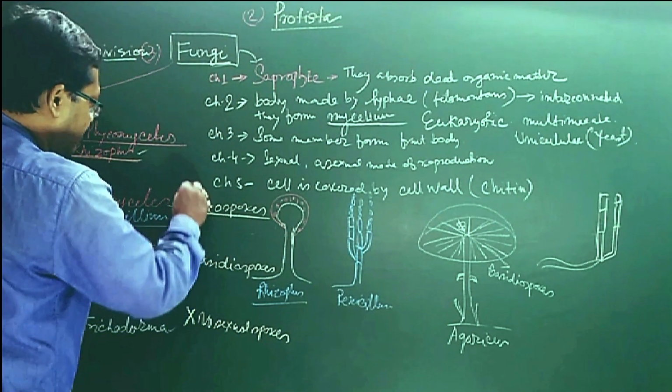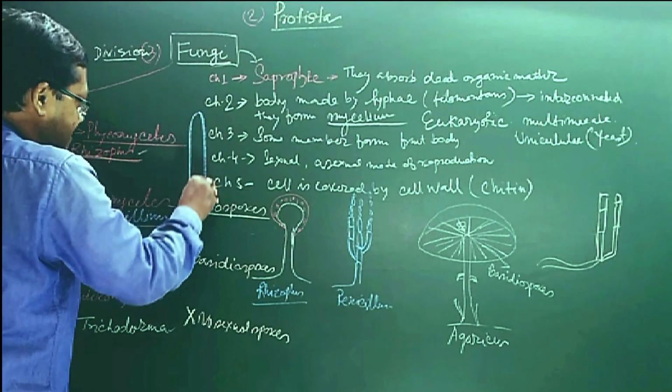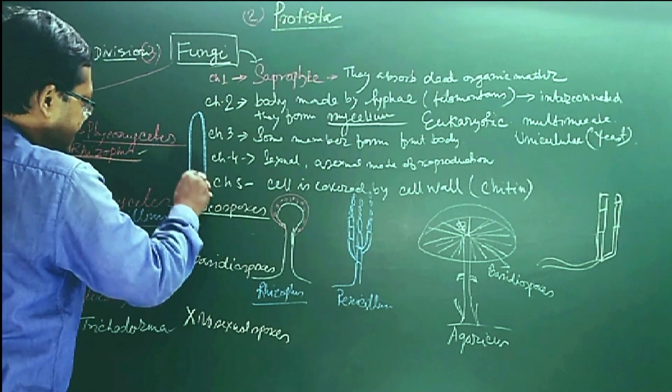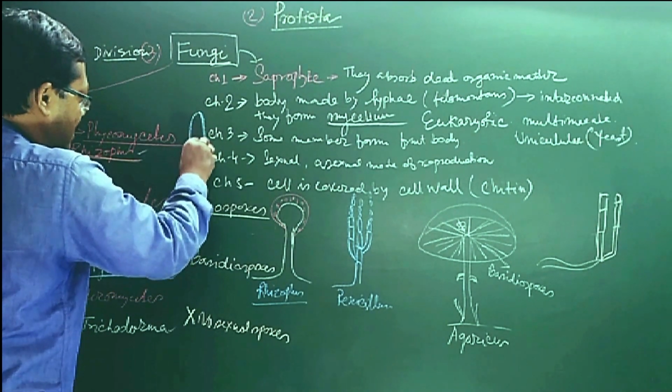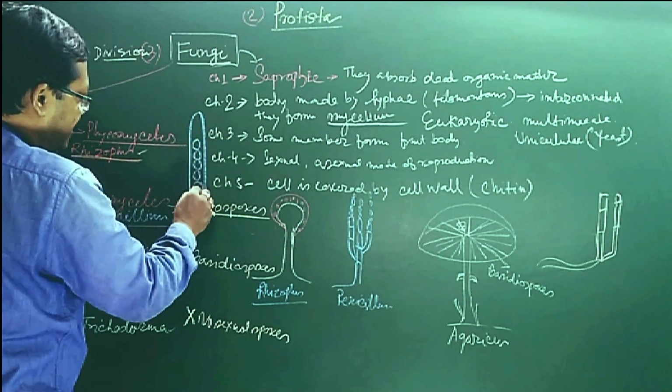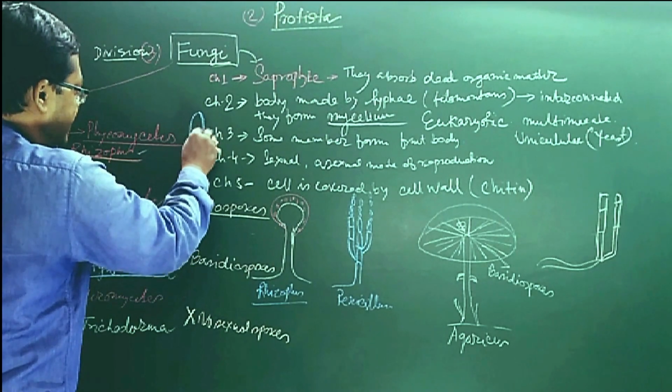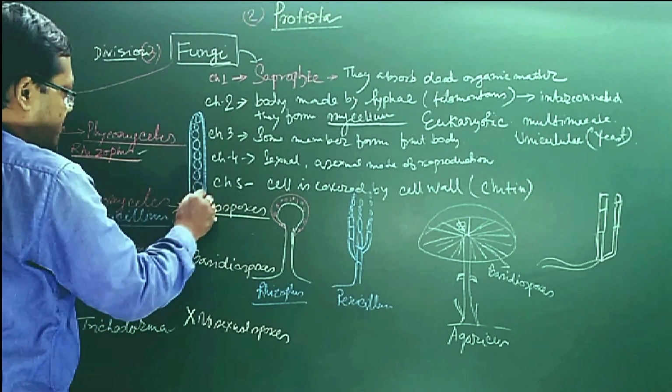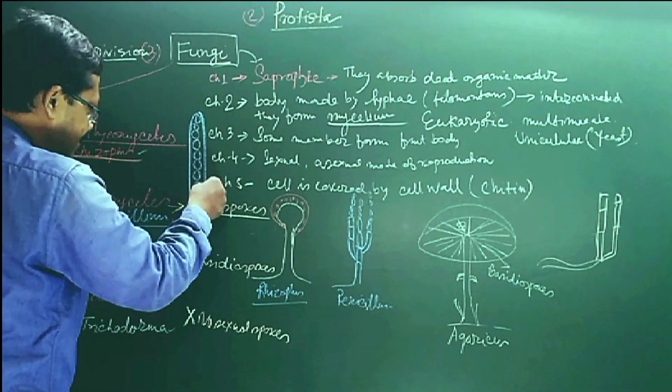Within the ascocarp, 1, 2, 3, 4, 5, 6, 7, 8, 8 ascospores are formed endogenously.